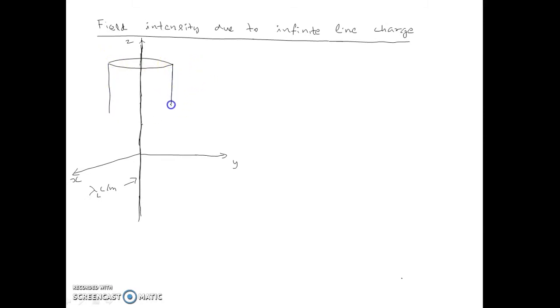Let us consider a closed surface which is a cylinder of radius rho and height h.